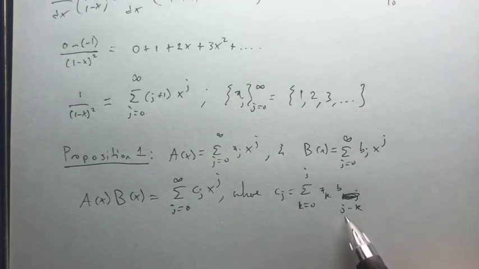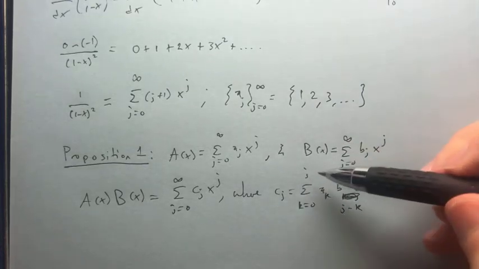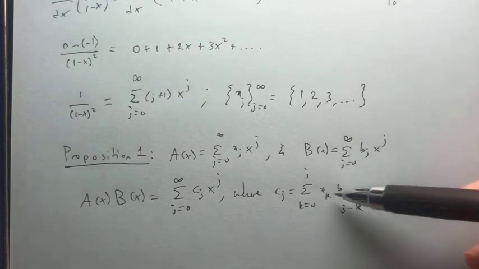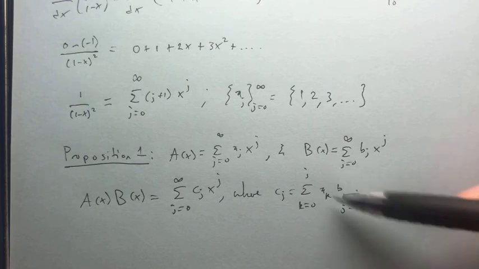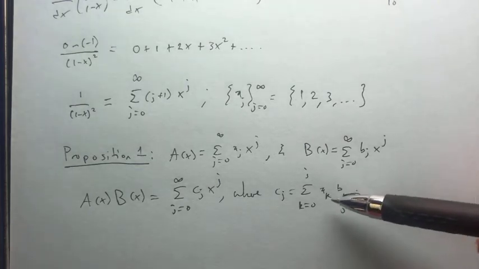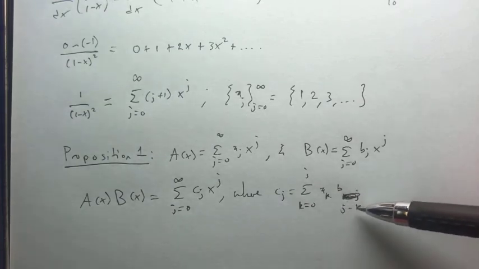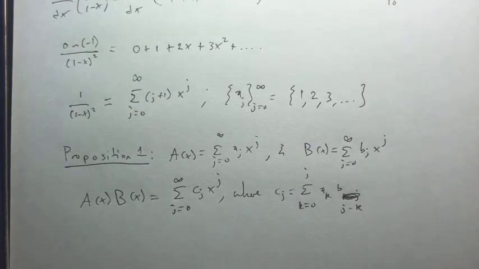So, yeah, for a fixed j, we're going to be going through and taking all of the pieces where subindices a_k and b_{j minus k} are going to add up to j.